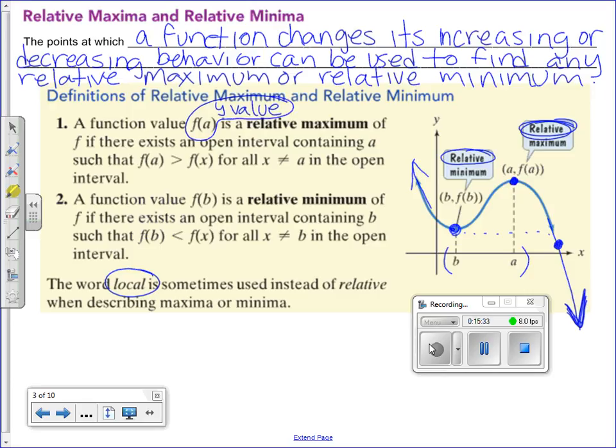So a function value f of a is the relative maximum of f if there exists an open interval, again, we're talking about open intervals, containing a, this is the x value, such that f of a is greater than f of x, so meaning this is the largest y value, for all x that are different than x equals a.